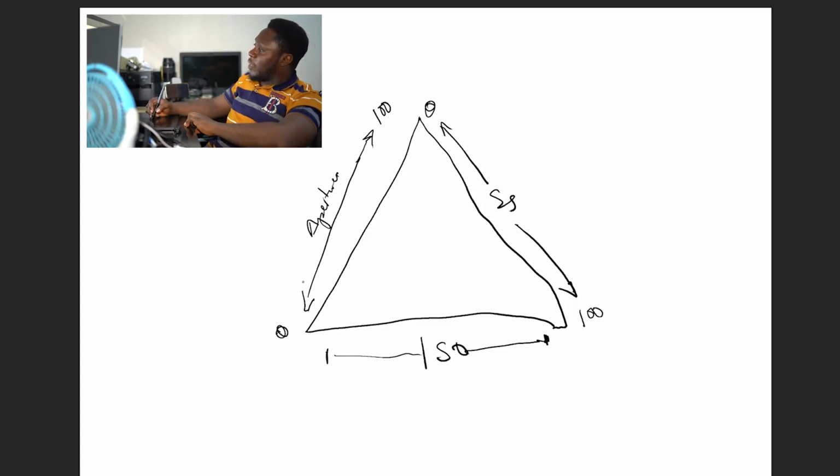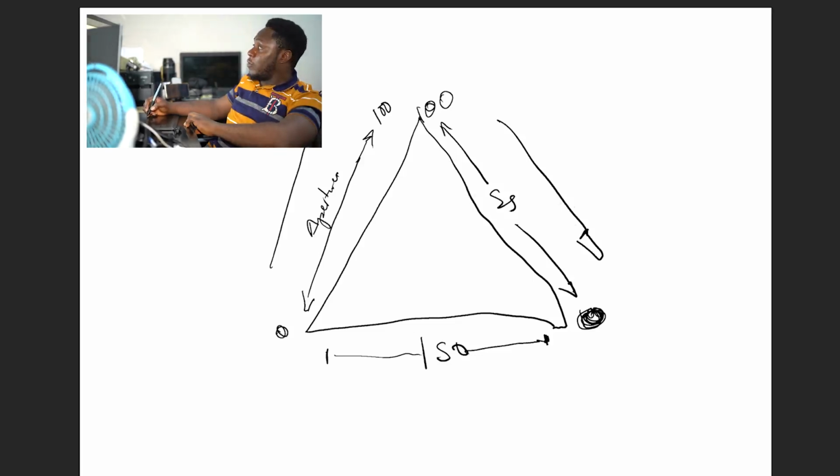Now, what this means is that by the time you are increasing your aperture, you must be decreasing. Okay, sorry, let's put 100 here. This one should be 0. Now, by the time you are increasing your aperture, you must be decreasing your shutter speed.